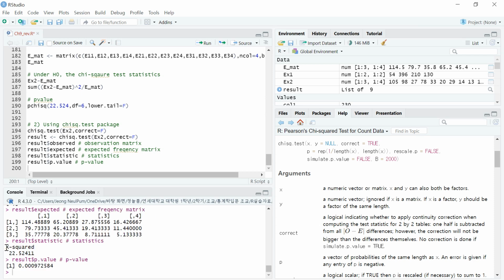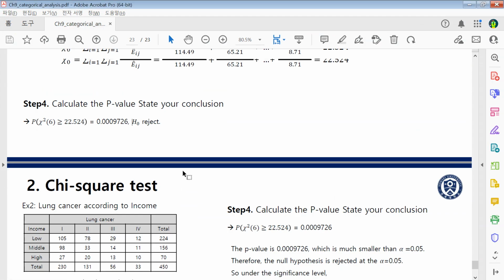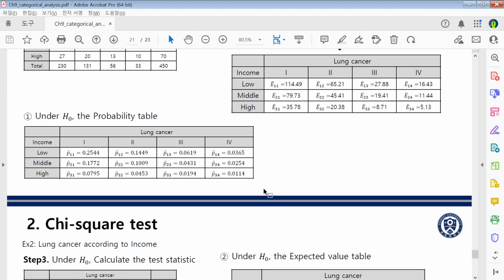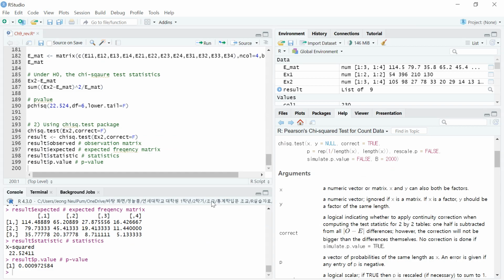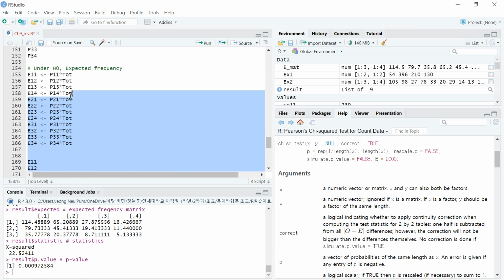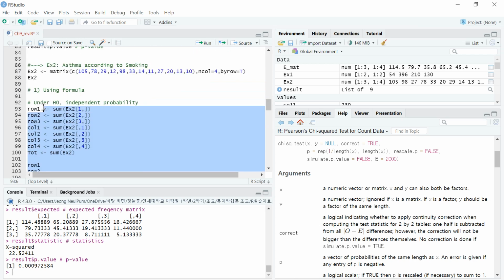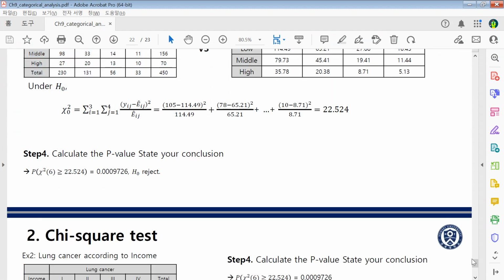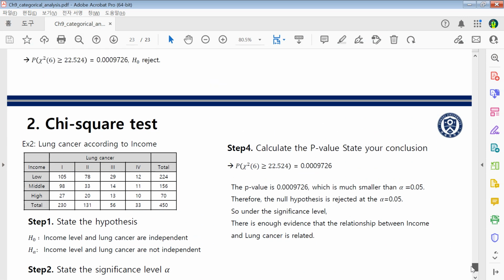So the statistic is here and the p-value is here, and you can see that the statistic, p-value, contingency table and observation table are the same whether you use this chi-square test function or follow all the procedure in this formula. So this is all about the chi-square test.